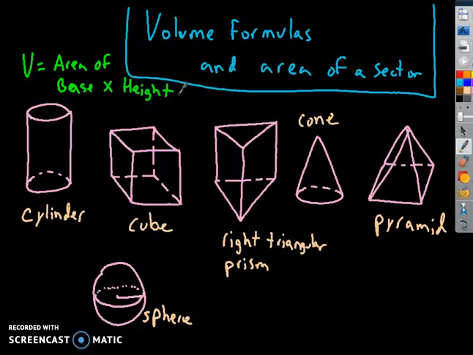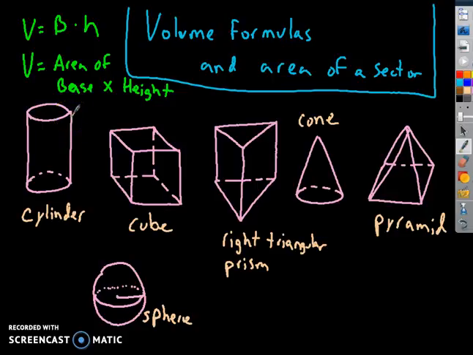It's generally written V equals capital B times lowercase h, and capital B represents the area of the base. So whatever the area is, you take that area and multiply by its height.